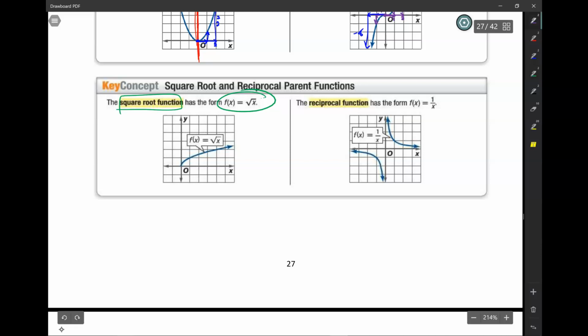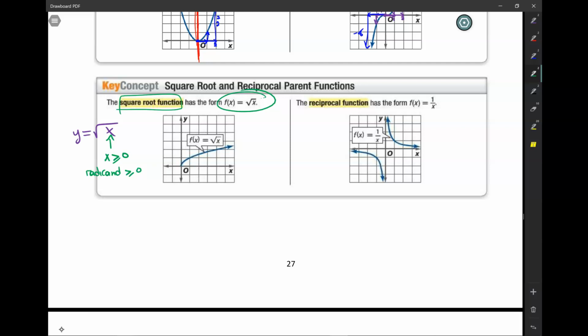Cool. The radicand can't be a negative. So y equals root x. Then are we saying that x has to be greater than 0? So it can't be 0. Greater than or equal to 0, right? So radicand, that's what that's called. It has to be greater than or equal to 0.